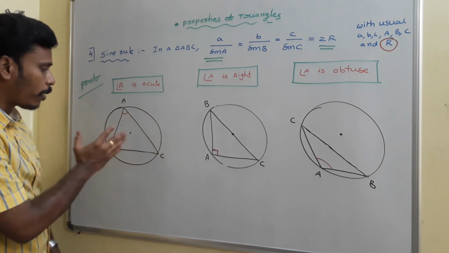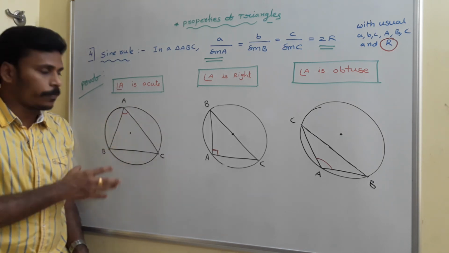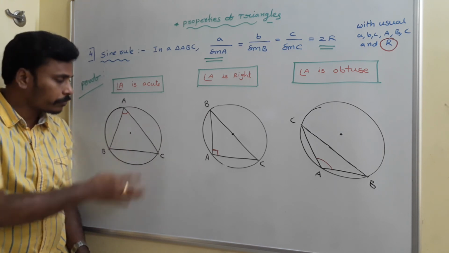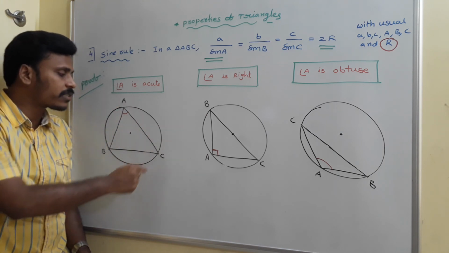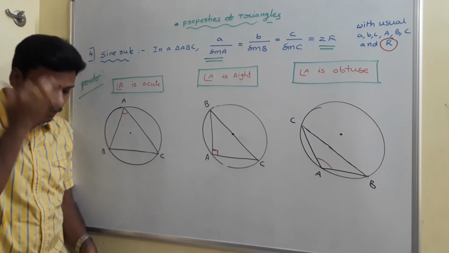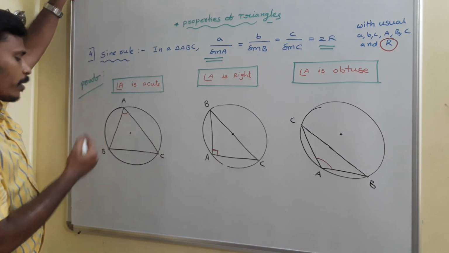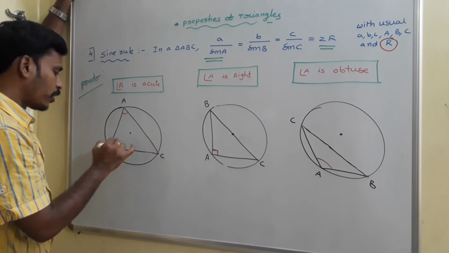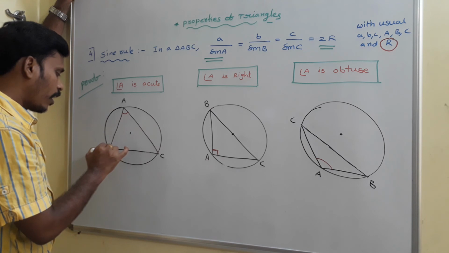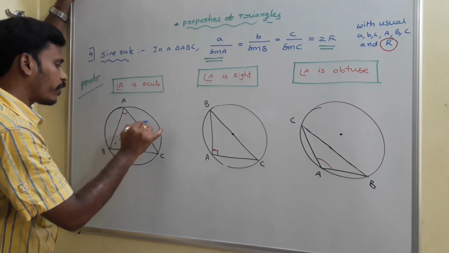First of all, you just look at the first situation, the situation where angle A is acute. Since angle A is acute and this is a triangle which is inscribed in this circle, this is the circumcircle and this is the circumcenter. Now I go with a certain construction. Passing through this center and through this B, I will construct a diameter for this circle.